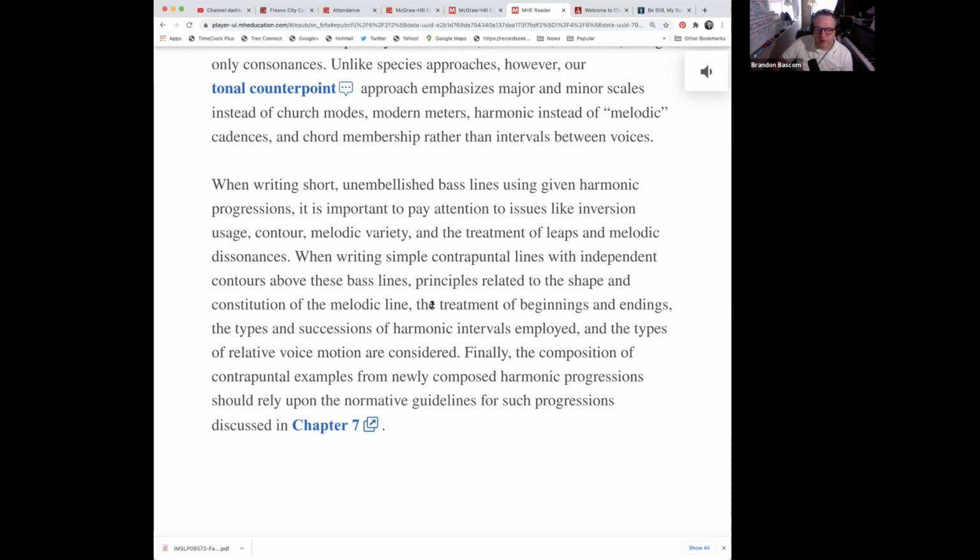When writing simple contrapuntal lines with independent contours above the bass lines, principles related to the shape and constitution of the melodic line, the treatment of beginnings and endings, the types and successions of harmonic intervals employed, and the types of relative voice motion are considered. Finally, the composition of contrapuntal examples from newly composed harmonic progressions should rely upon the norms, guidelines for such progressions discussed in Chapter 7.